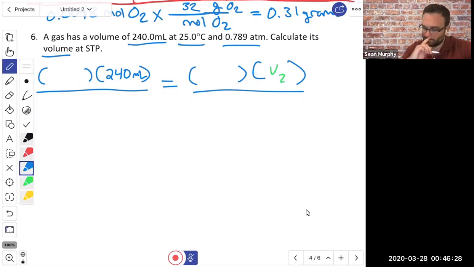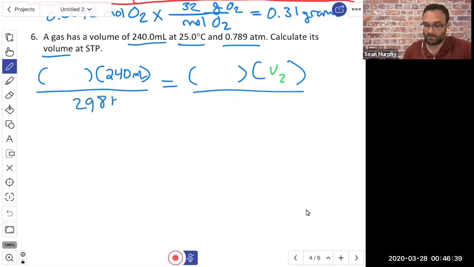It's 25 degrees Celsius. Add 273 to that: 298 Kelvin. And then we have 0.789. Wait a tick. It says calculate the volume, but we have 2 empty spots over here.